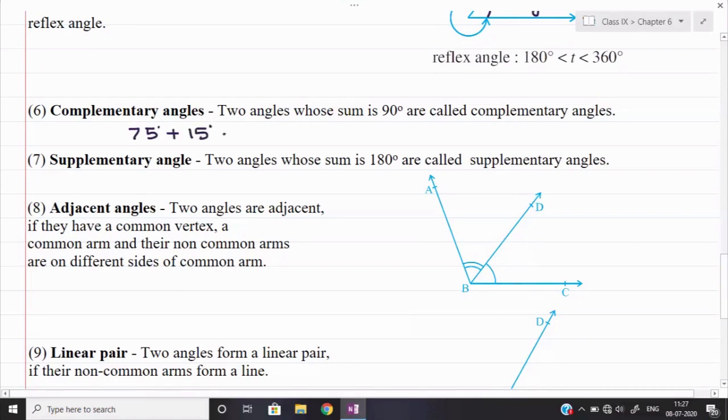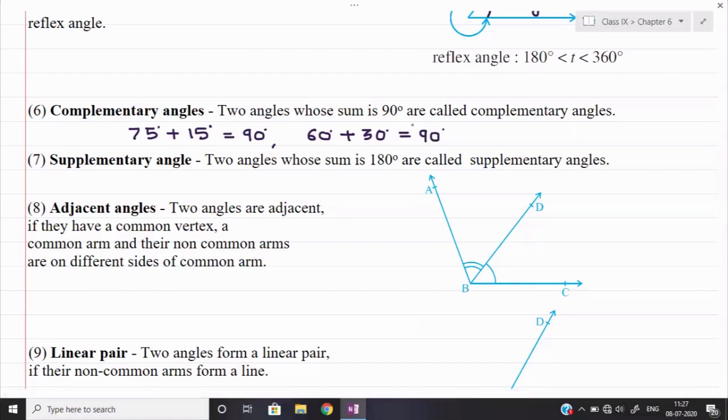Add both of them, they become 90 degrees, right? Similarly, if one angle is 60 degrees and another is 30 degrees, add both of them, again it will be 90 degrees. So if I have two angles whose sum is 90 degrees, we can say that they are complementary angles.